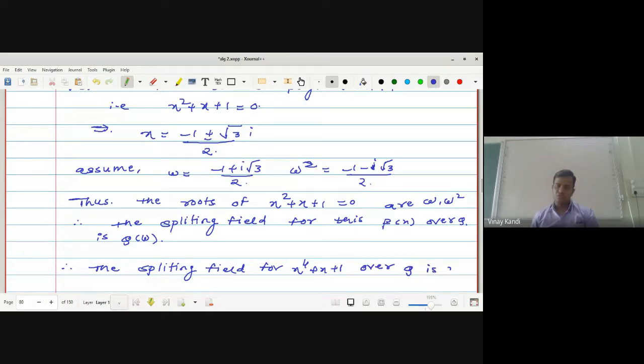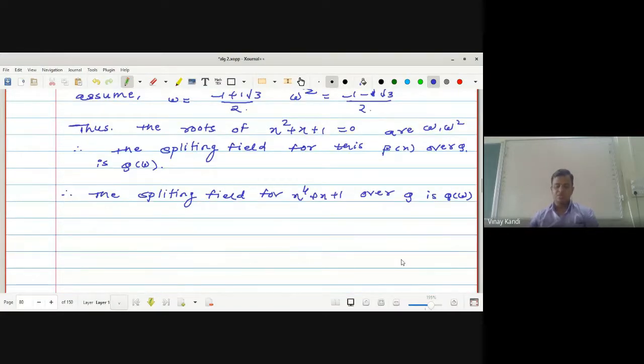Now the degree of the splitting field Q(w) over the field Q is what?